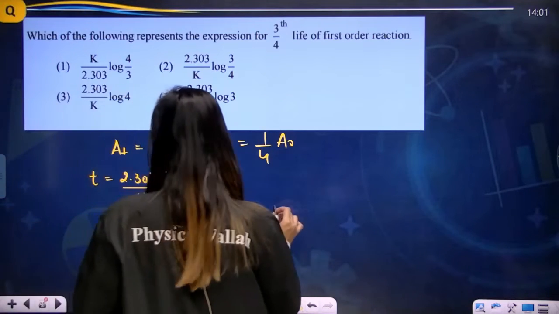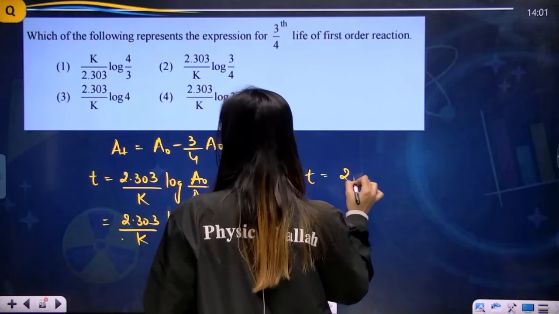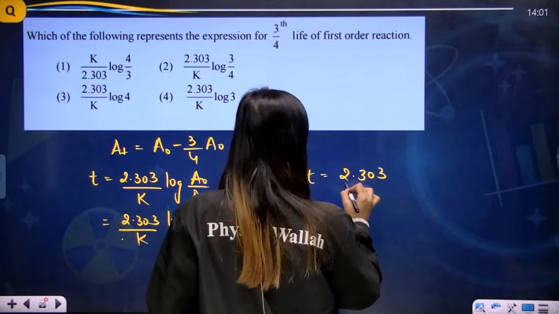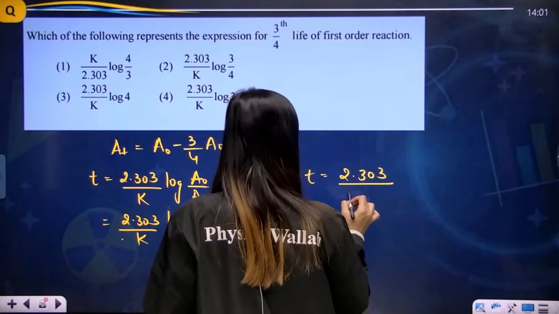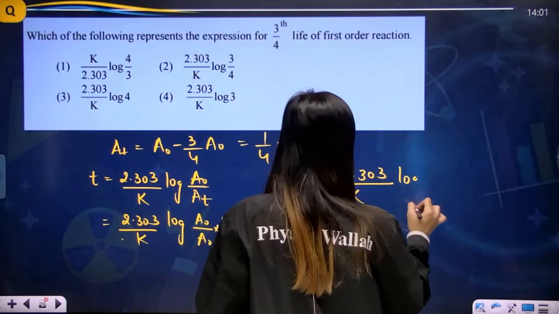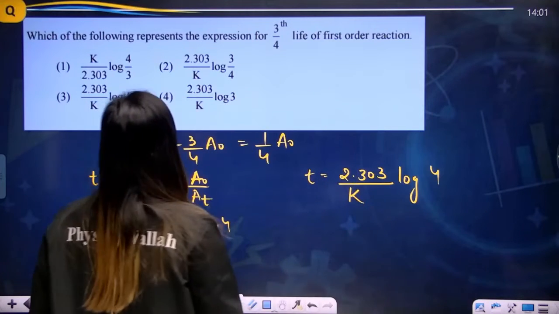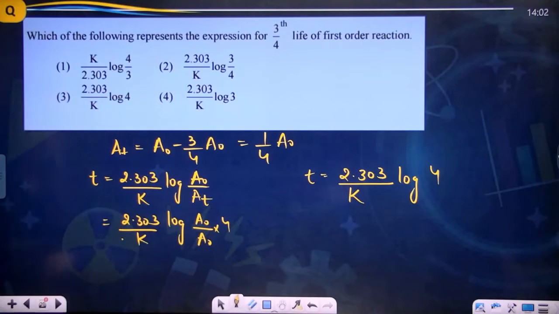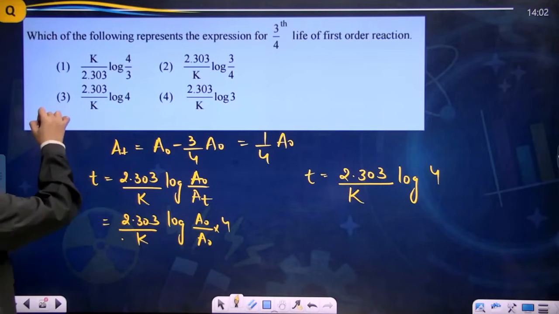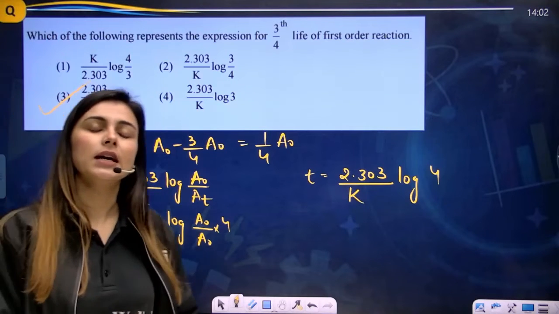So I can say that t is equal to 2.303 upon k log 4. This means that option 3 will be your correct answer.